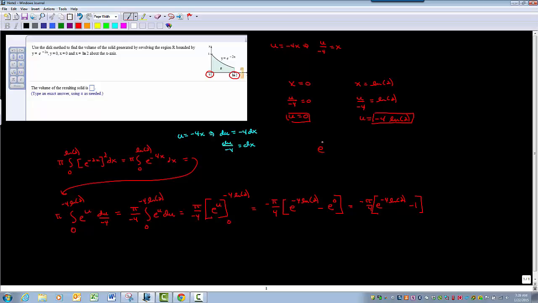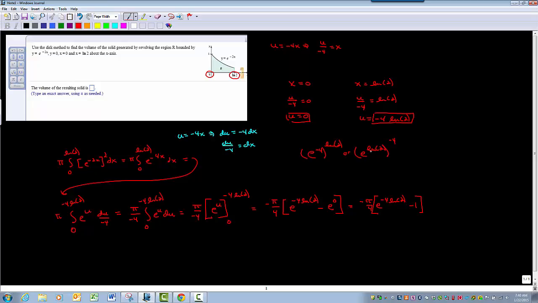We have e to the negative 4 raised to the natural log of 2, or we could rewrite it as e to the natural log of 2 raised to the negative 4. Well, this guy right here is pretty slick to work with.